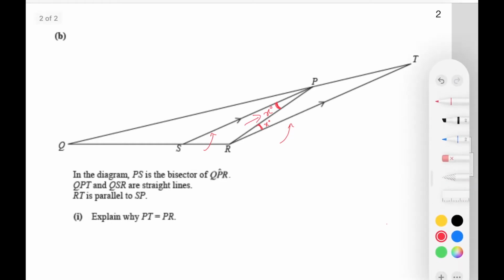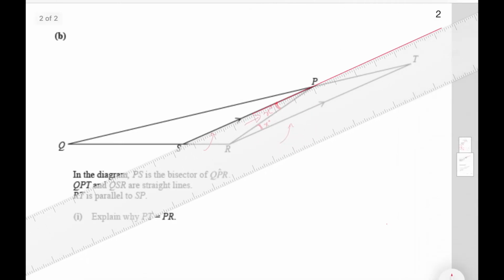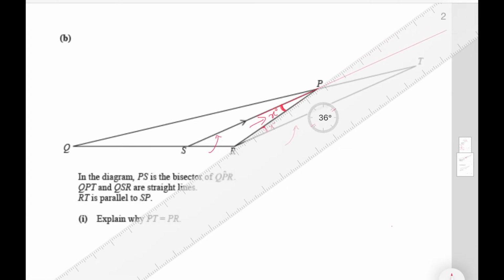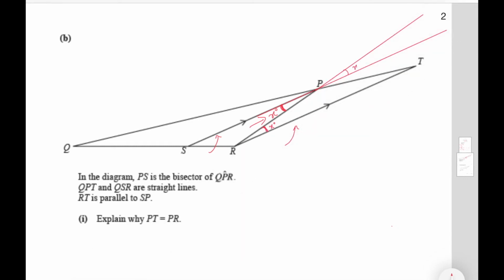If I extend the line SP like this and the line RP just like this, this angle is going to be X, this angle is also going to be X degrees. So that means this angle right here is also going to be X degrees. If this is X degrees, that means angle QPS is X degrees, and this line QPT is an extension, and the two parallel lines are SP and RT. This makes this angle right here also X degrees.